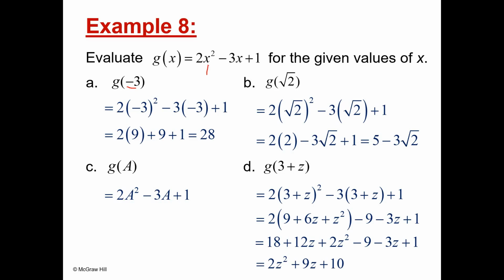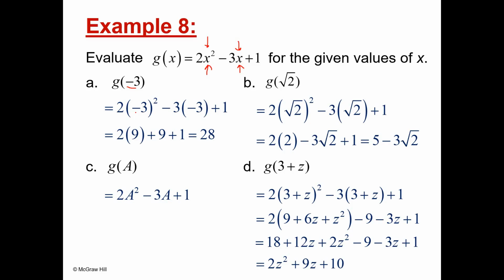If you have more than one term in the function, like in this case we have x to the power of 2 and we have minus 3x, you have to replace the value of x in all the terms, in the first term and in the second term. Replace x equal to minus 3, calculate, the result will be 28.